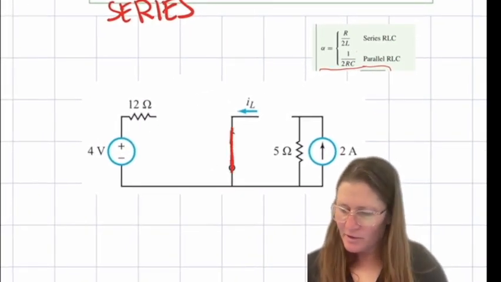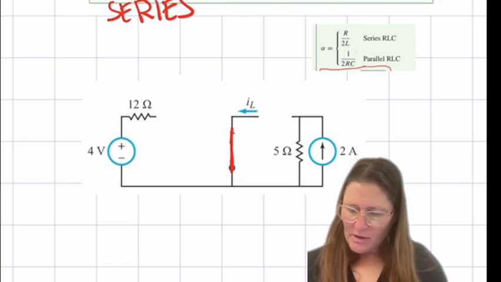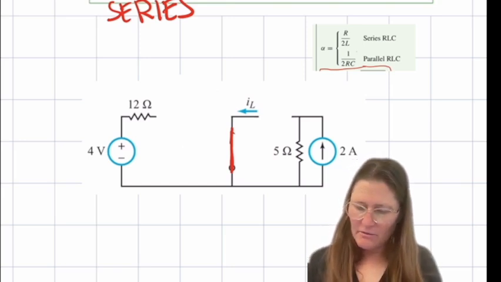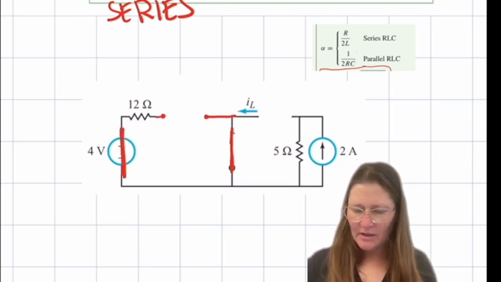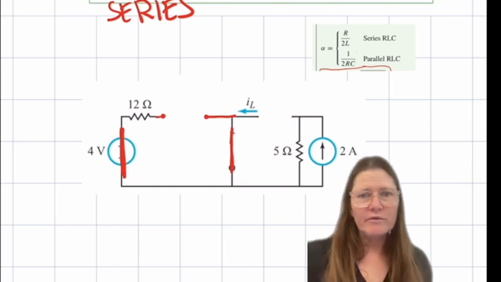So this is going to be closed. And then you have both elements in series together. So this would be your final circuit.